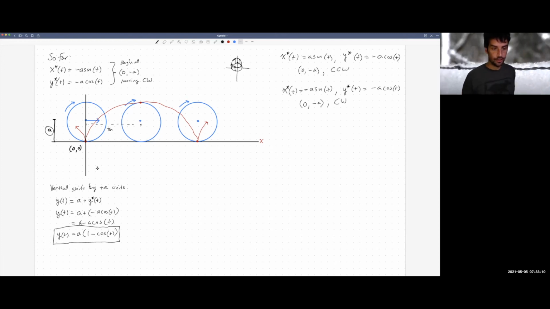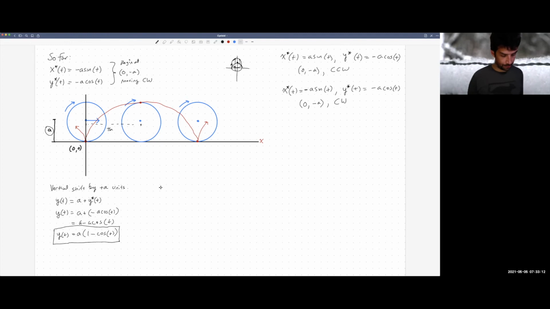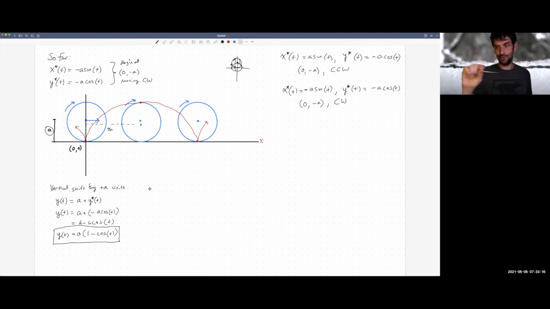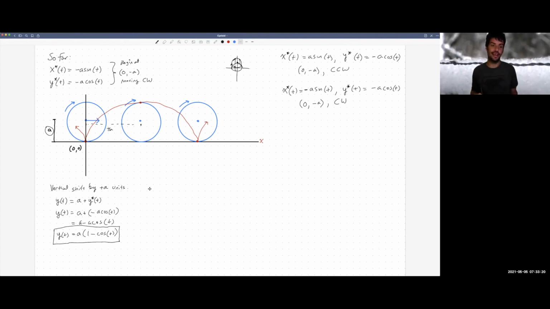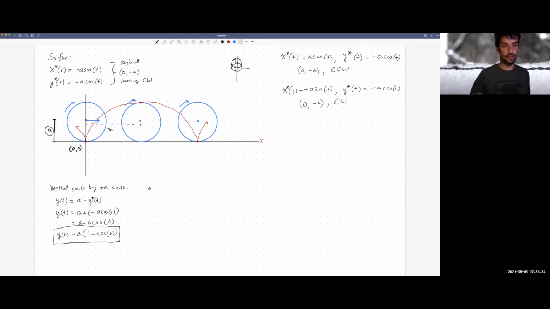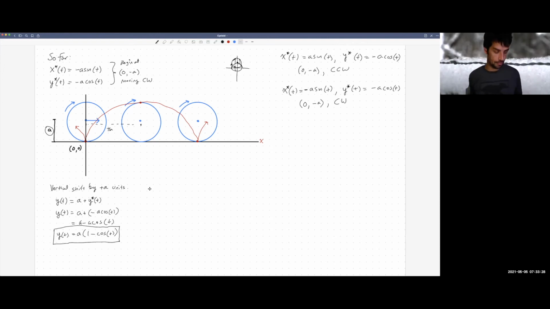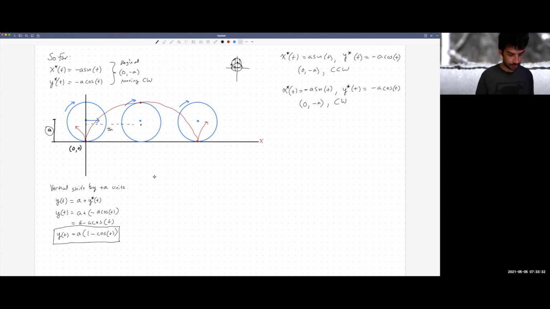Okay, so now let's do the harder part. We want this center of the circle to now be moving to the right. Right now the center is at 0. Now we've shifted it up. It's at 0, a, and we're rotating around, but we need to move it. Okay, so how do we get the horizontal motion?